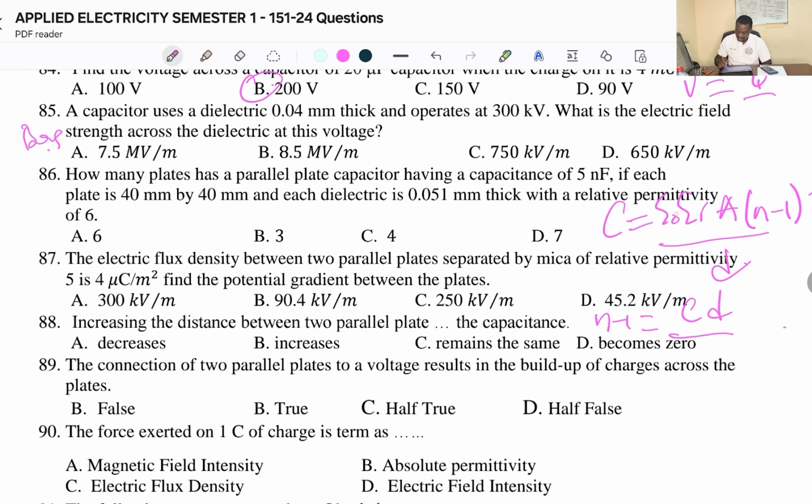C times d over permittivity of free space times relative permittivity times area.